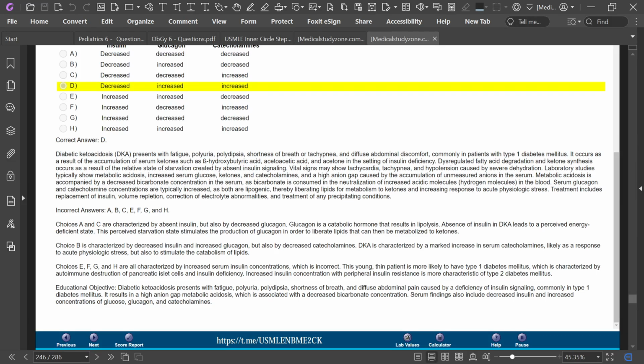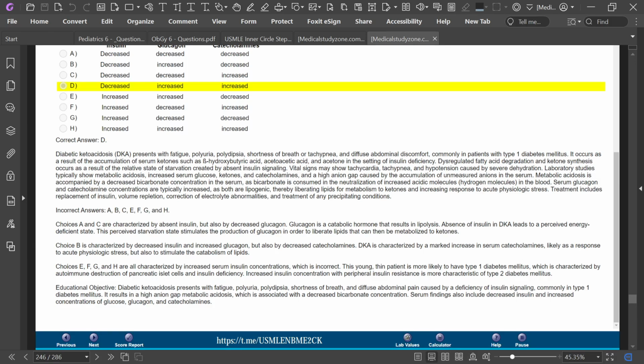DKA presents with fatigue, polyuria, polydipsia, shortness of breath, tachypnea, diffuse abdominal discomfort, commonly presents with type 1 diabetes mellitus. So we know that DKA comes with type 1 and HHS comes with type 2.